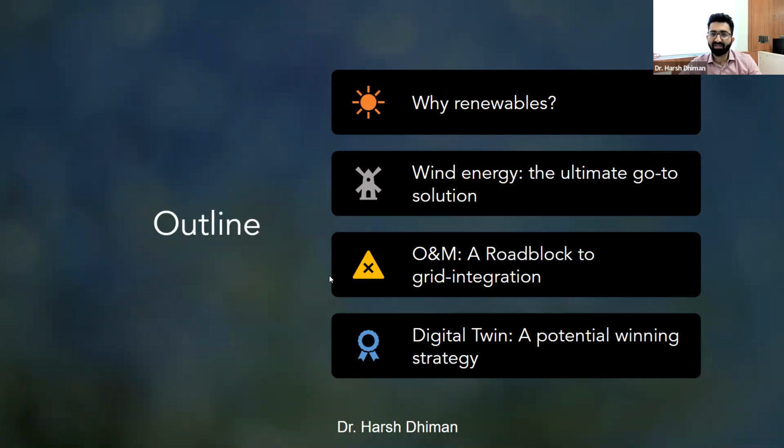It's a winning strategy, I would say. People nowadays, especially European companies, have been focusing on digital twin technology to enhance the optimization process. We'll see the framework, what a digital twin is first of all, and how we can leverage this concept to improve the overall performance.